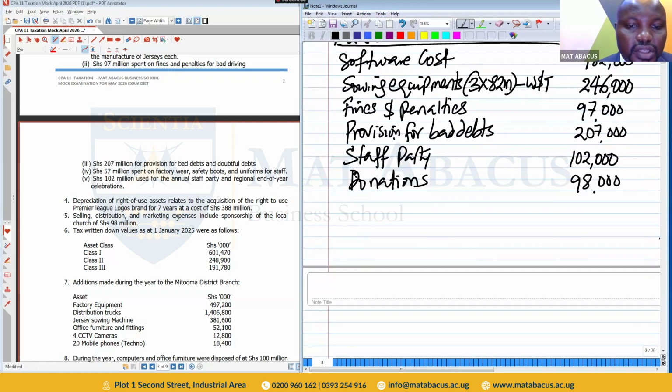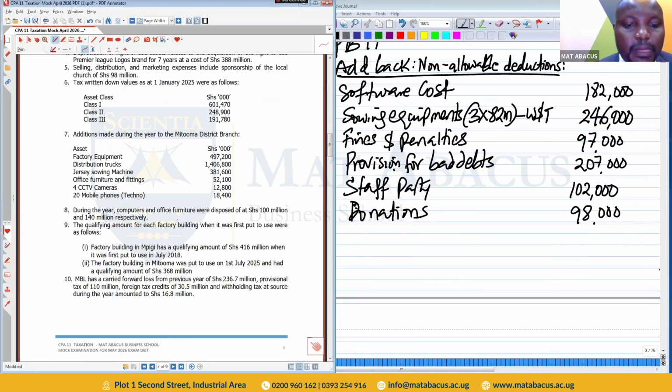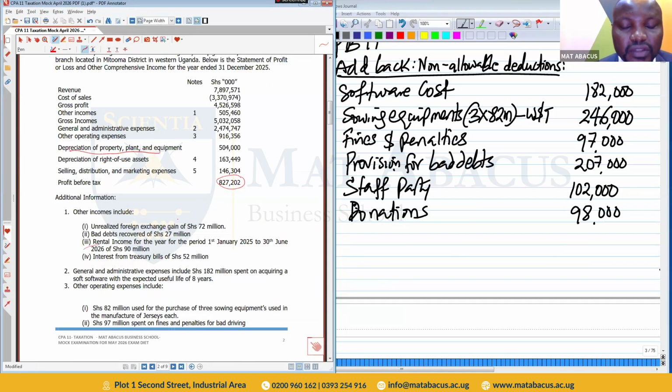So after you've finished looking at what is given in the additional notes as allowable and not allowable, then you go back to the face of the profit and loss and pick items which are on the face, disallowed or allowed. You bring them to this computation.